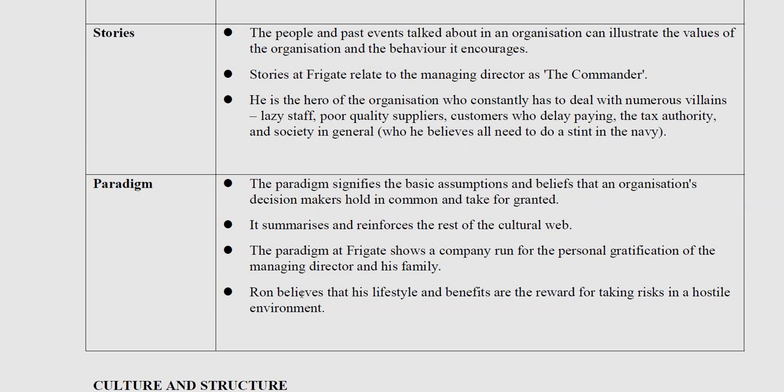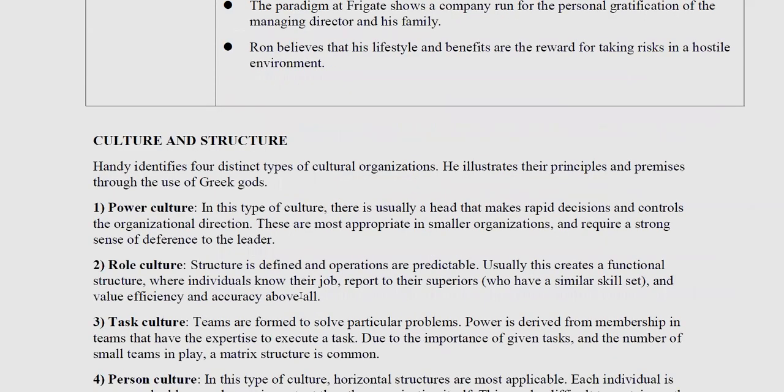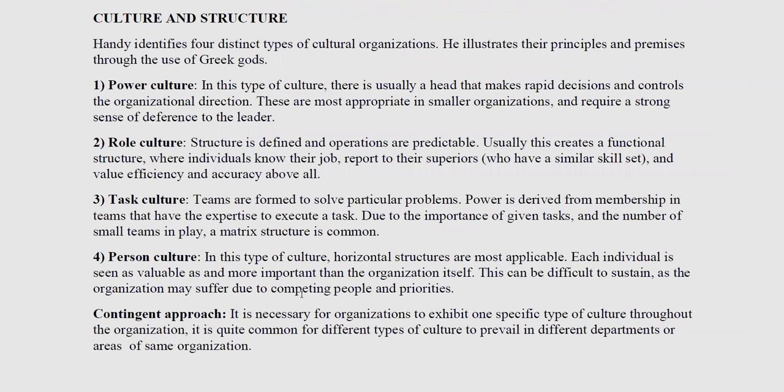That is all. Now, when it comes to how to link culture and organizational structure, we can look at Charles Handy's four distinct culture types, which are also in your syllabus. Charles Handy illustrates the principles and premises through the use of Greek gods.